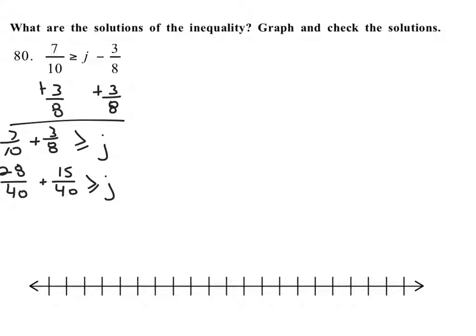Now when we add them together, we get 43/40, otherwise known as 1 3/40. But I'm going to keep it as 43/40 for now. We're going to go by 40ths here.